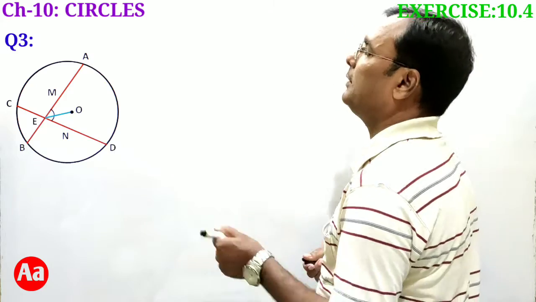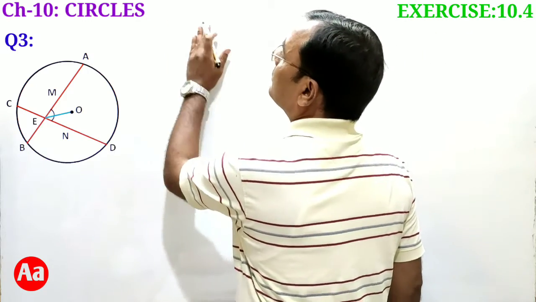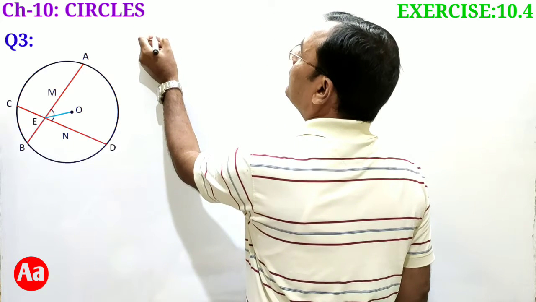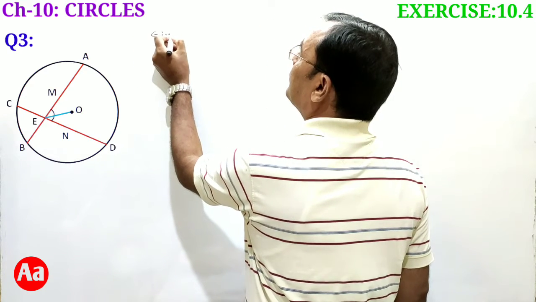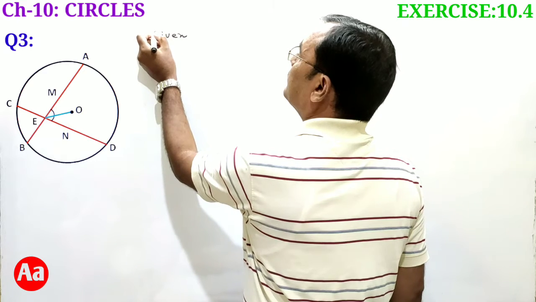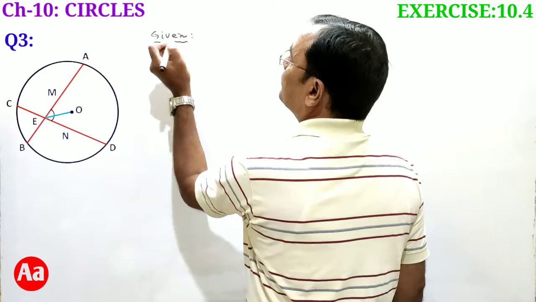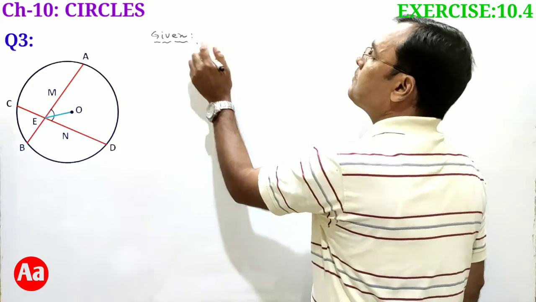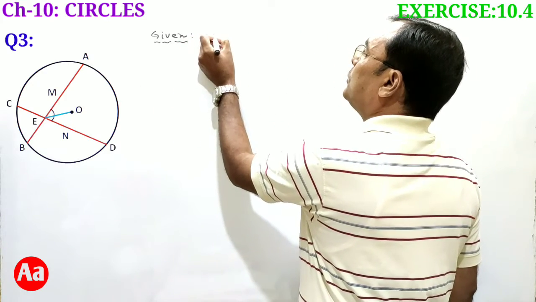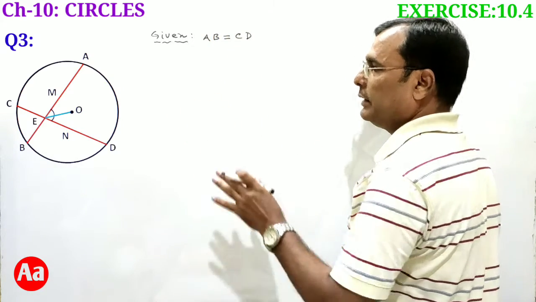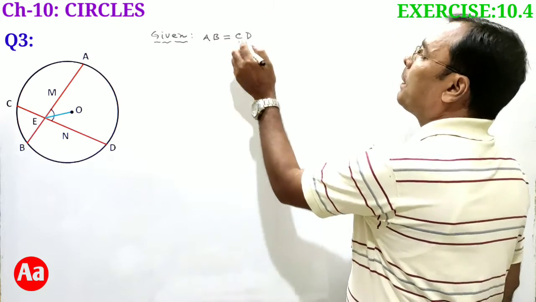Let's write given. AB equal to CD. We are writing the information in a little brief way.